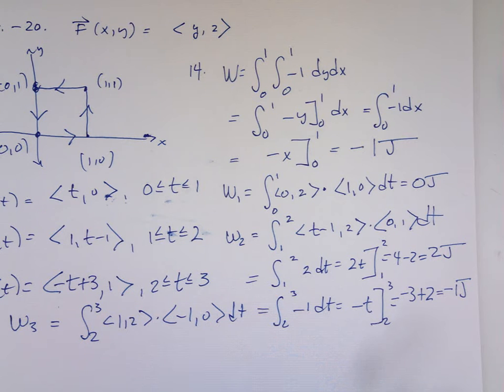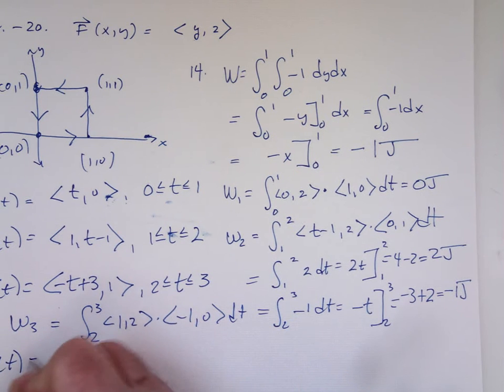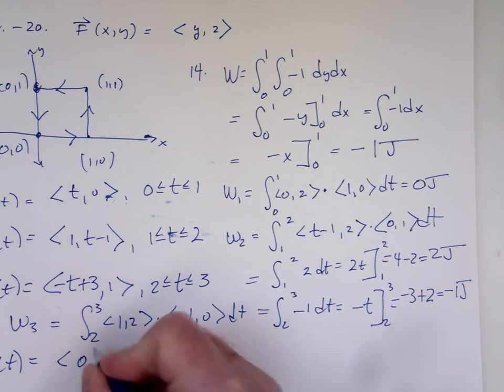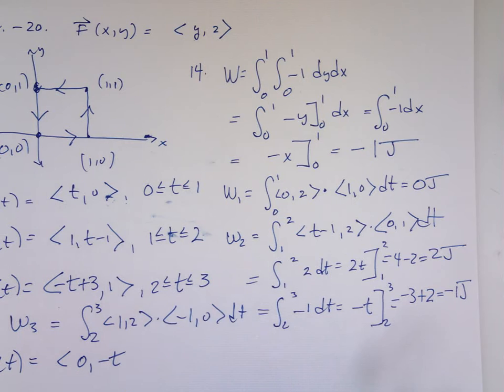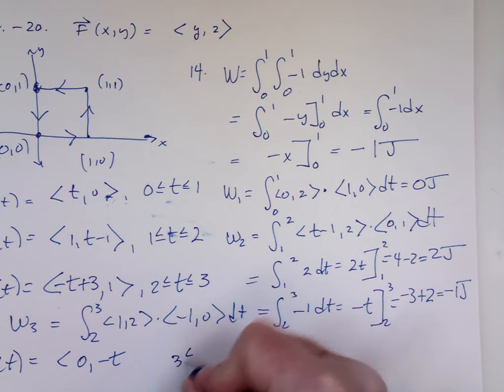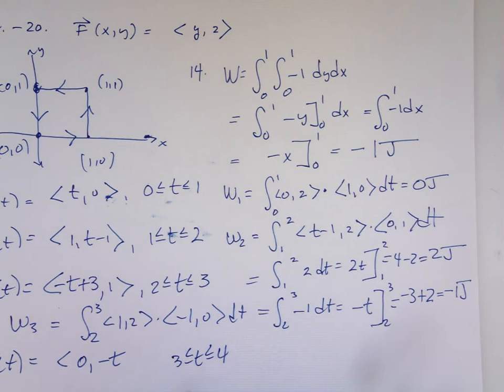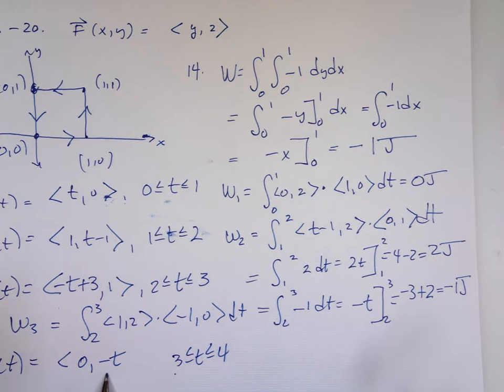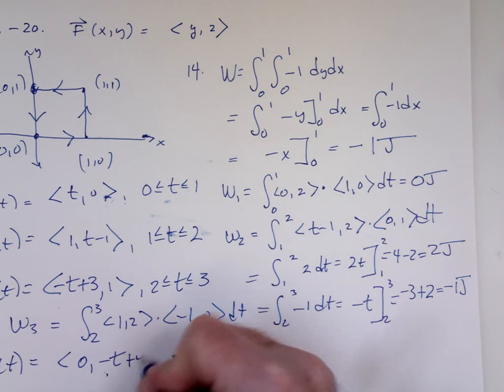Fourth piece, coming down the side. 0, negative t. T is going to go from 3 to 4. Let's start at 3. At 3, this is negative 3, but it has to start at 1. To go from negative 3 to 1, I'm going to have to add 4 to it.